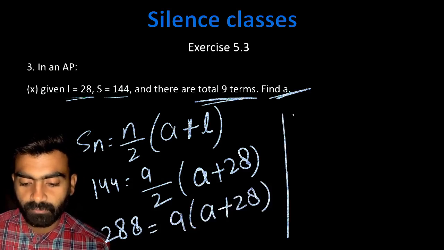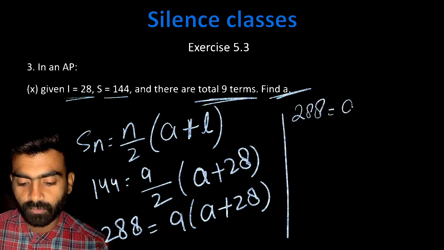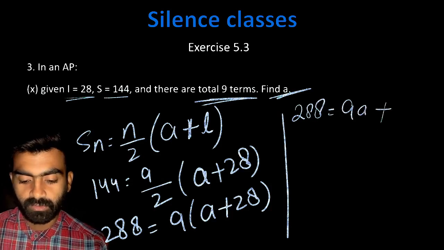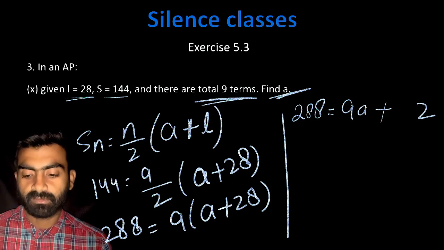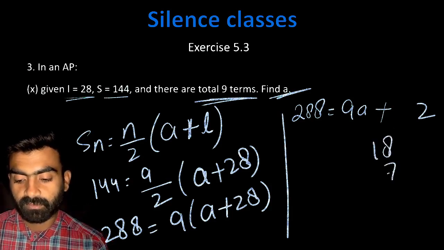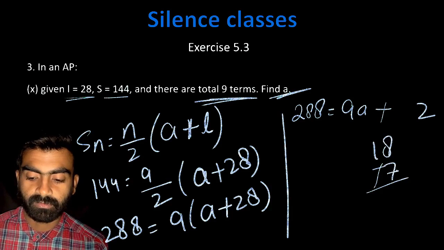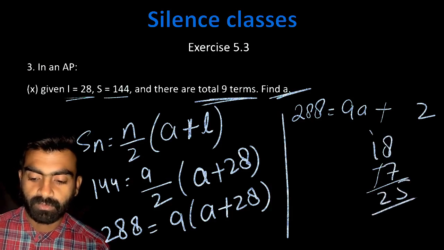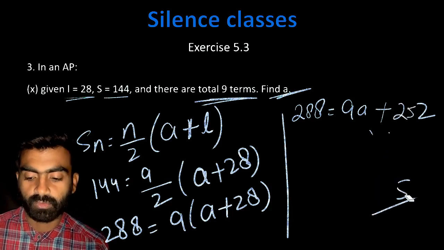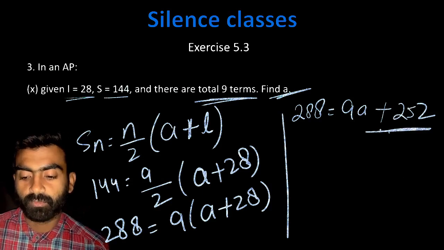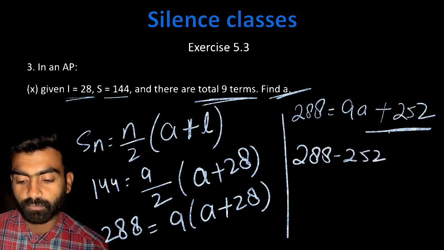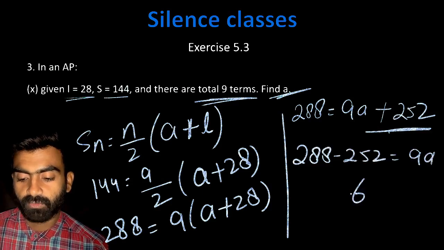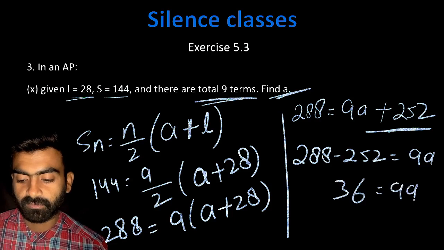Once we open the bracket, we get 288 equals 9a plus 9 times 28, which is 252. Once we move it to the left hand side, we get 288 minus 252 equals 9a. We will get 36 equals 9a.